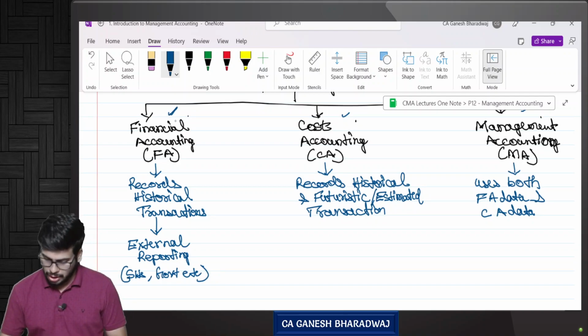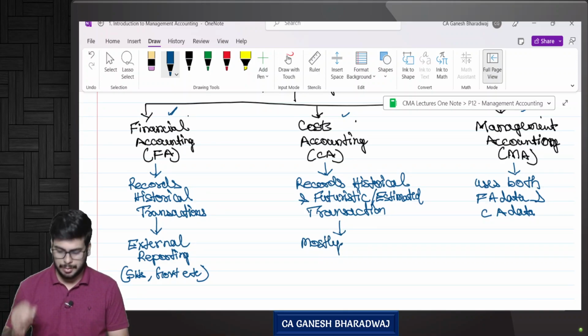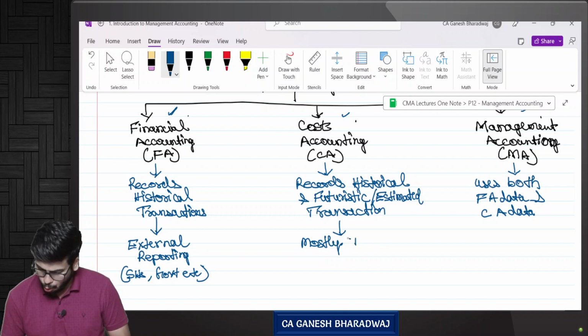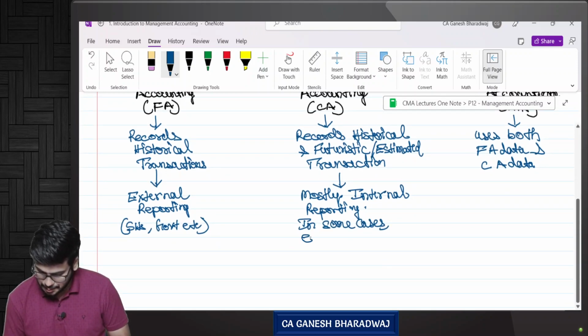When it comes to cost accounting, mostly, I use the word mostly, I'll tell you the reason. Mostly it deals with internal reporting. In some cases, external reporting is done.